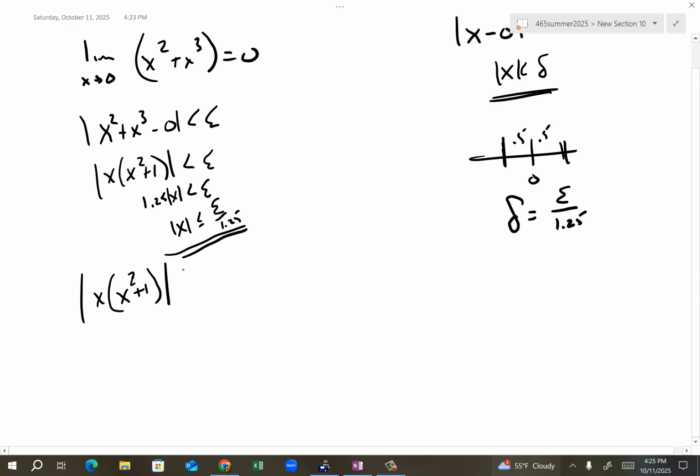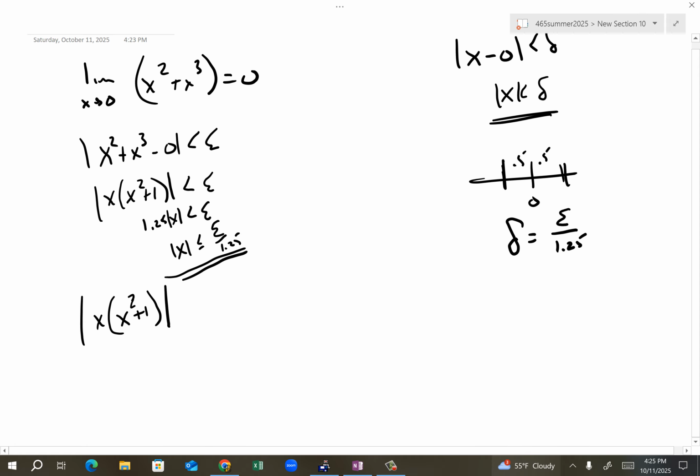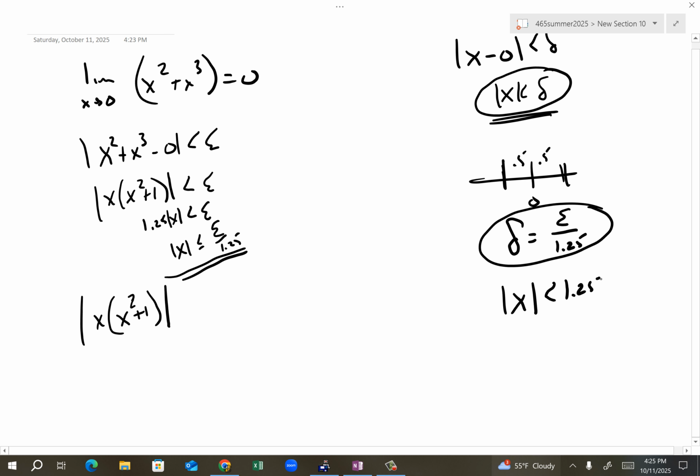Now remember, what are we saying? We are saying that because of this and because of this, the absolute value of x is less than 1.25. True that? And so what we are saying is this is going to be 1.25, right?